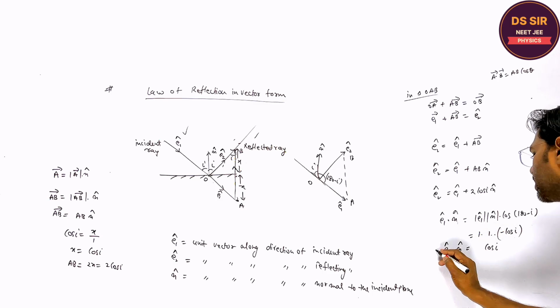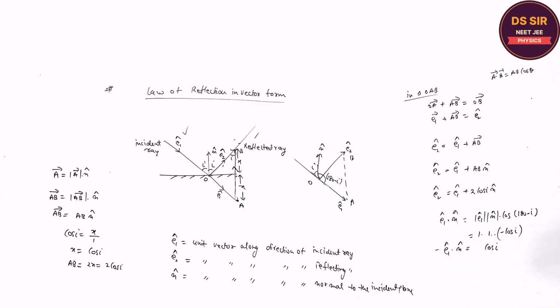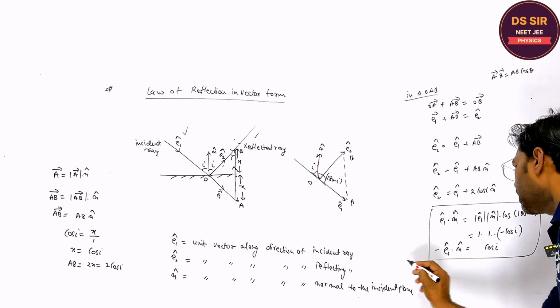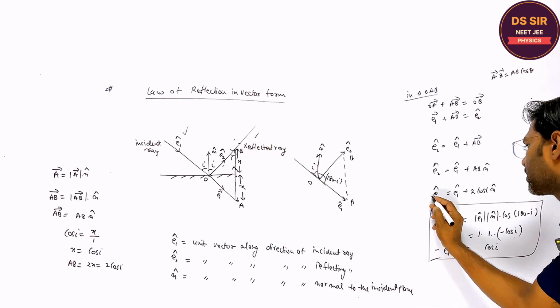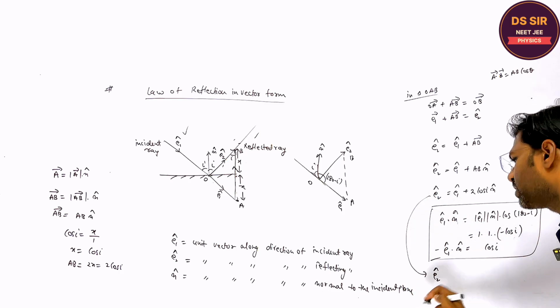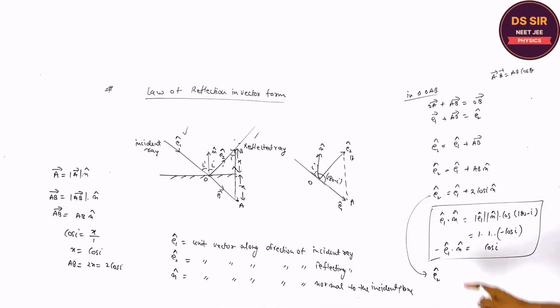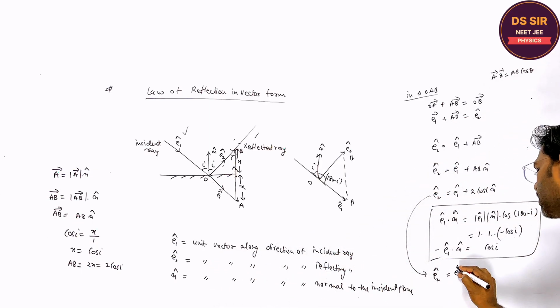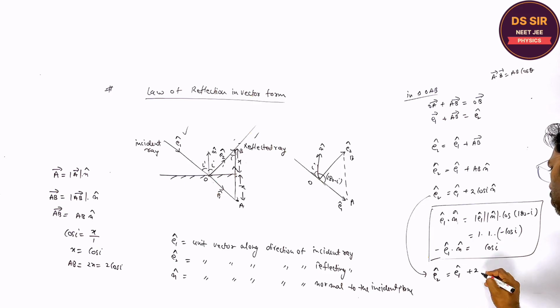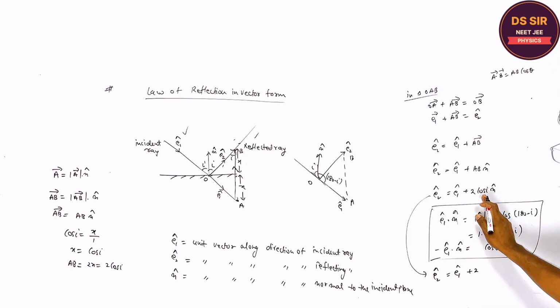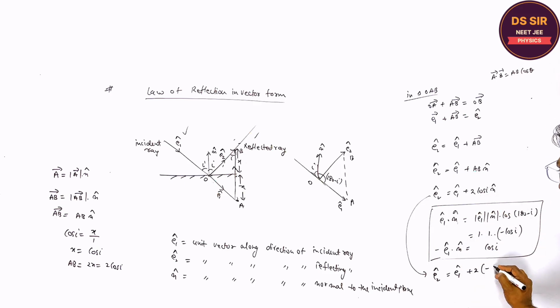So what is the cos I? Say cos I value is this. Is it clear or not? Therefore the E2 vector, the unit vector in the direction of the reflecting ray, is equal to E1 cap plus 2 cos I, where the cos I value is minus E1 cap dot n cap, into the unit vector.